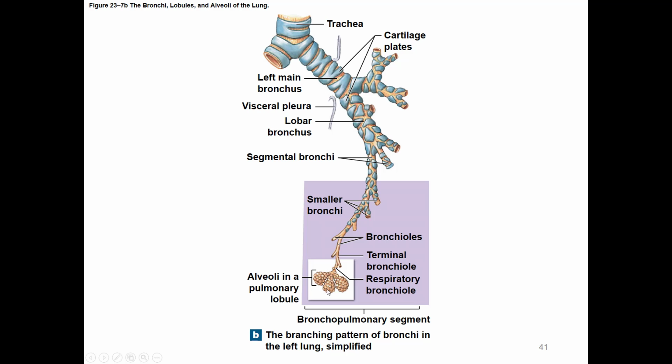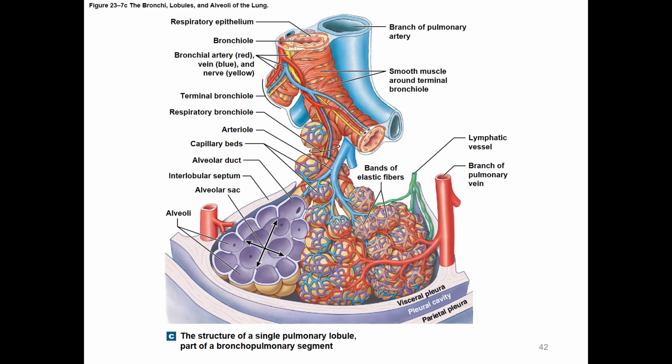If we zoom in on this bronchopulmonary segment, we can see a little closer what's going on here. This is a single pulmonary lobule, which is a cluster of alveoli. You can see that they are little hollow sacs. The alveoli are surrounded by capillary beds, which is very helpful because this is how we're going to be able to get the oxygen into the blood very quickly and the CO2 out.